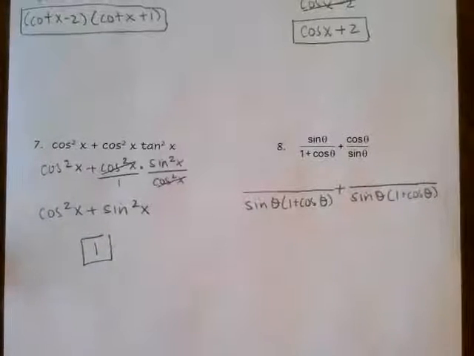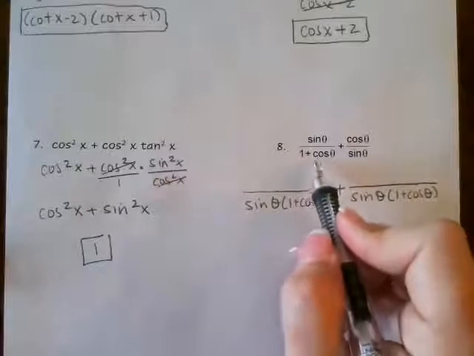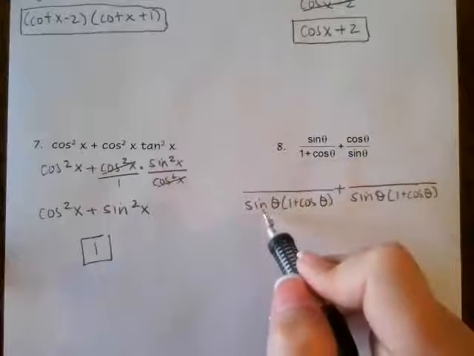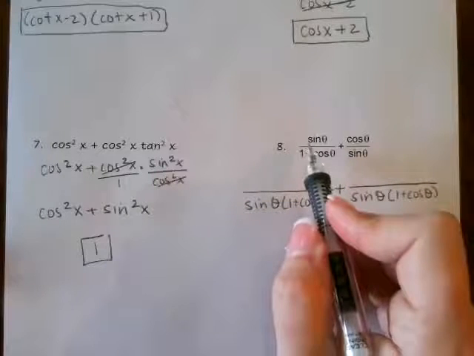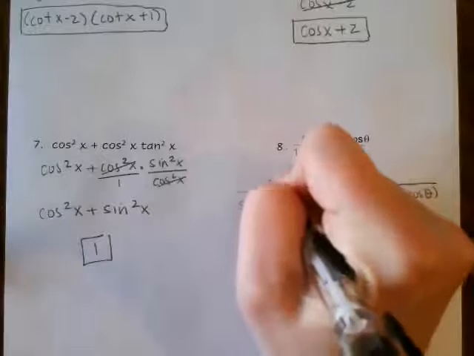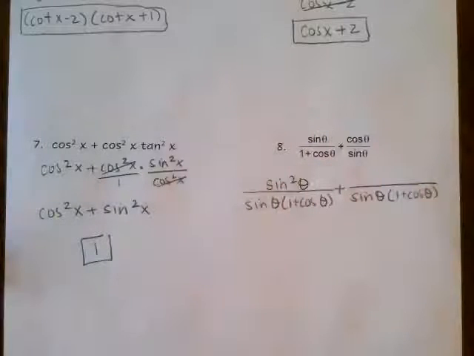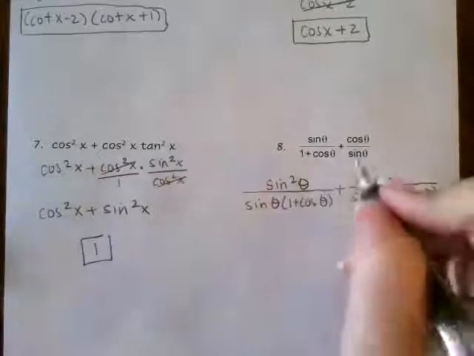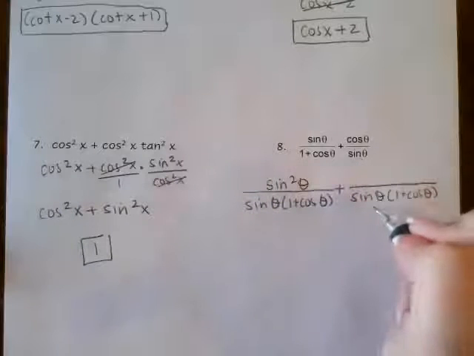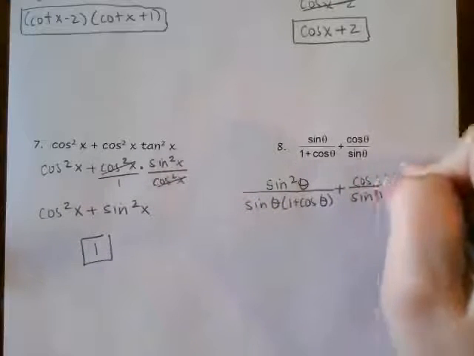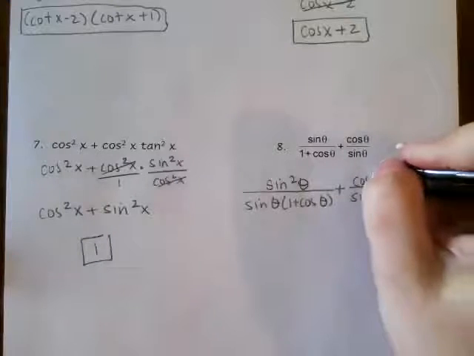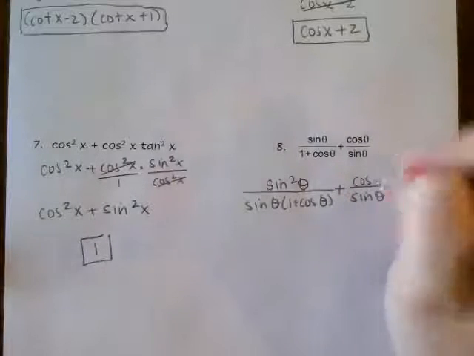We learned that back in rationals, you get the common denominator in order to be able to add the two together. Now to get from this first denominator to this new one, we multiply times sine theta. So I need to do the same thing to the numerator. So that gives us sine squared of theta. On the top, to get from this denominator to this new one, we multiplied times 1 plus the cosine of theta.